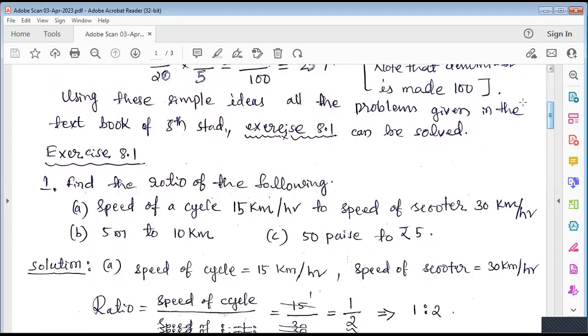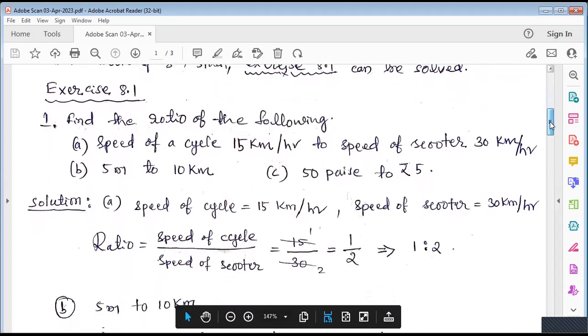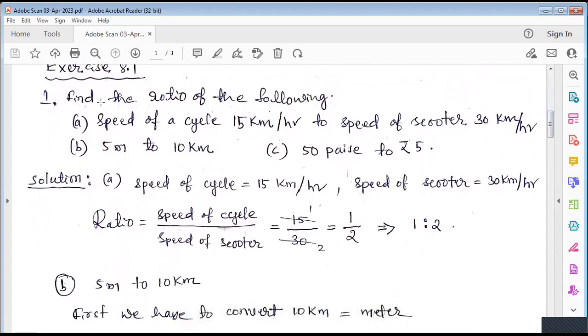In exercise 8.1, the first problem is like this. Find the ratio of the following. A, speed of cycle 15 km per hour to speed of scooter 30 km per hour.